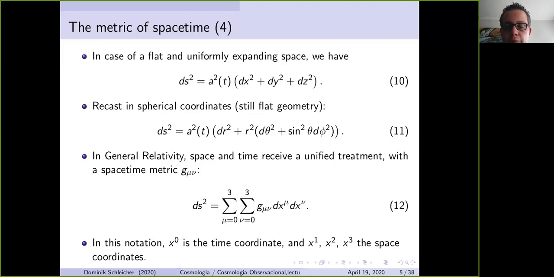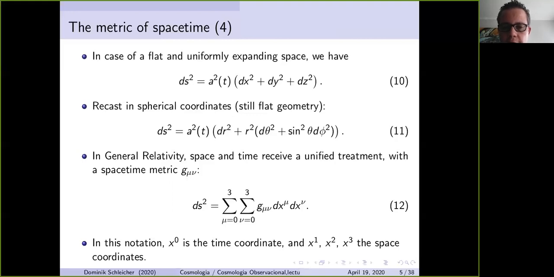You see here that in principle you can have very complicated expressions, which can also include mixed components. So you can have components in your metric where you combine, for instance, dr d theta, dr d phi, or dr dt. You can have mixed spatial components or mixed components between time and space.